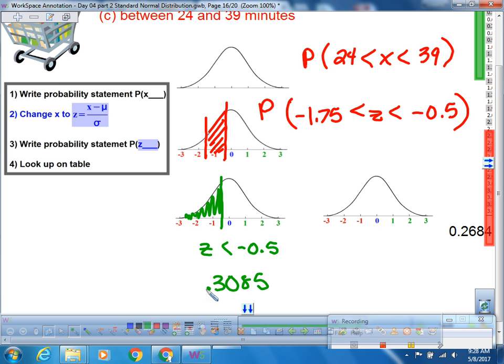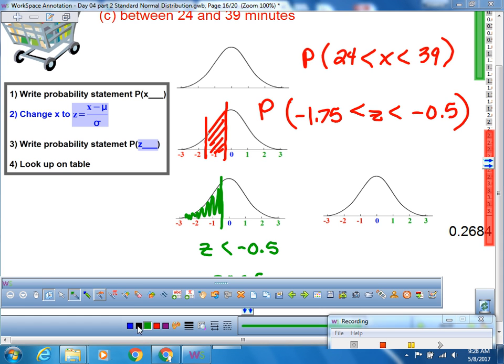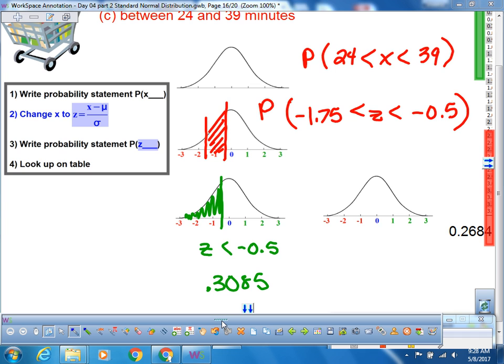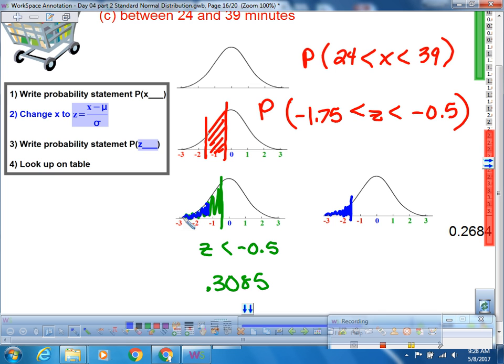The probability. I need to subtract this tail piece right here. Negative 1.75. So I'm going to take the whole thing and I'm going to subtract this part to give me the red. Right?